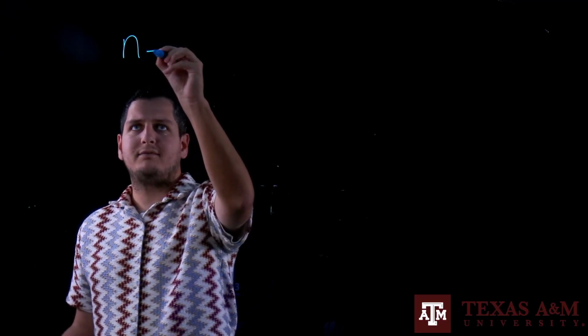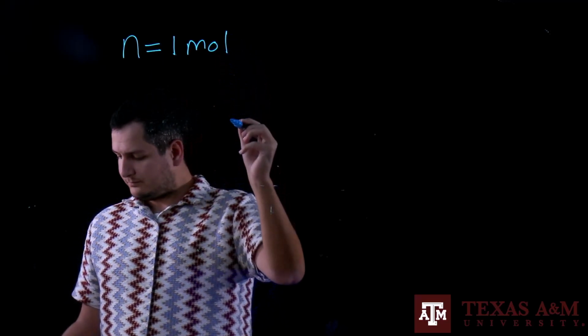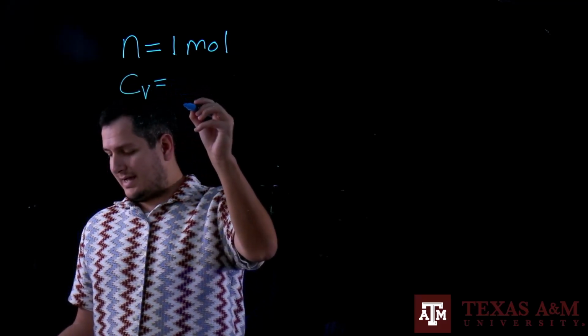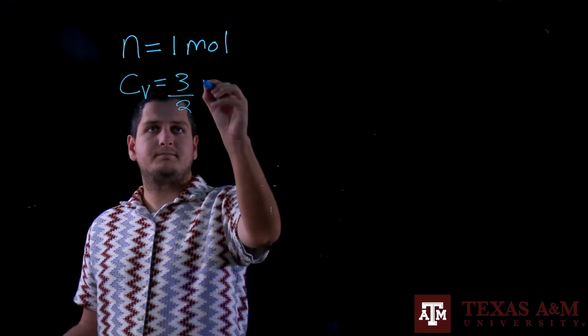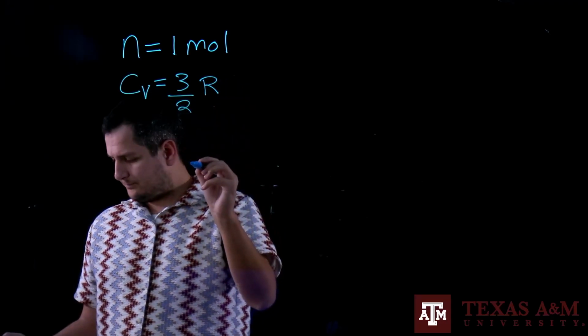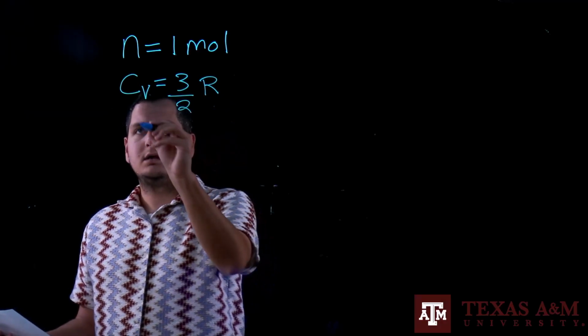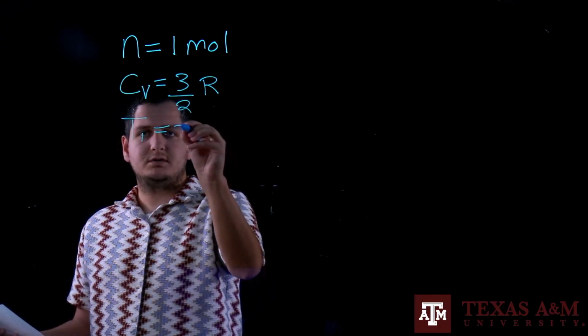This was heating at constant volume. So the problem says that we have 1 mole, we have volumetric heat capacity. This is something that you'll need to memorize. We have the initial temperature.